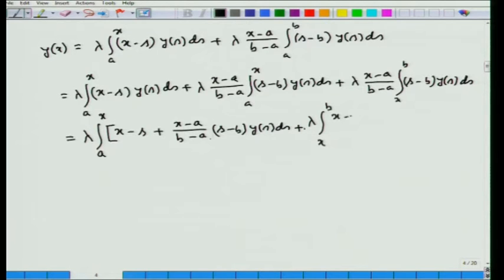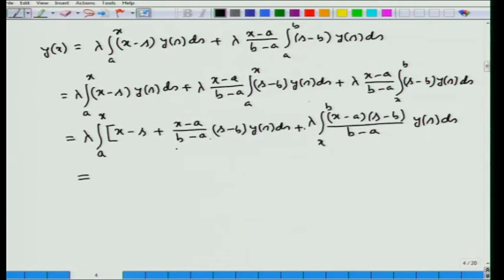Without any loss of generality, we can take the term (x minus a)(s minus b) divided by (b minus a) under the integral sign, multiplied by y(s) ds.